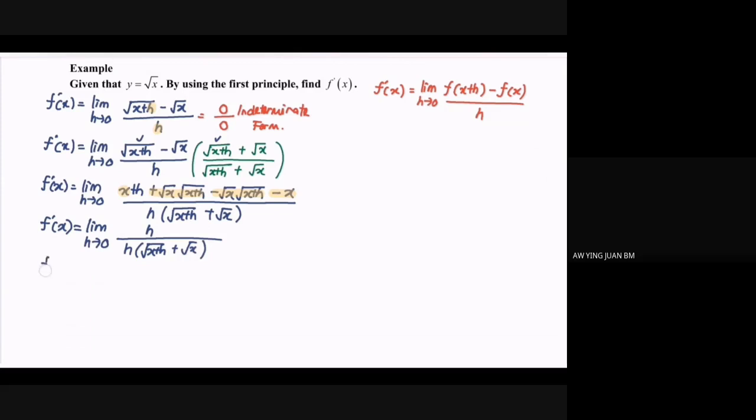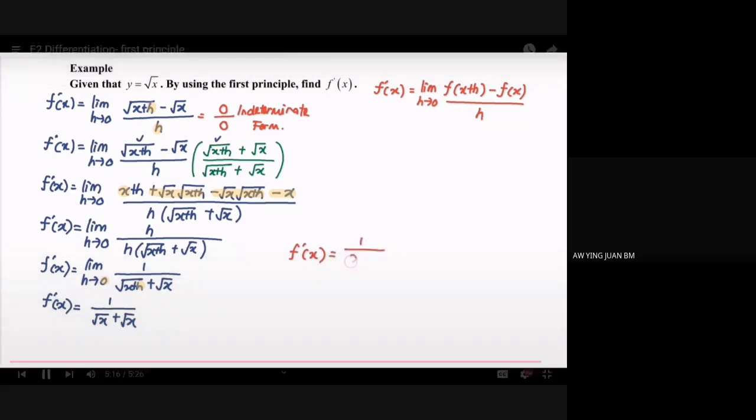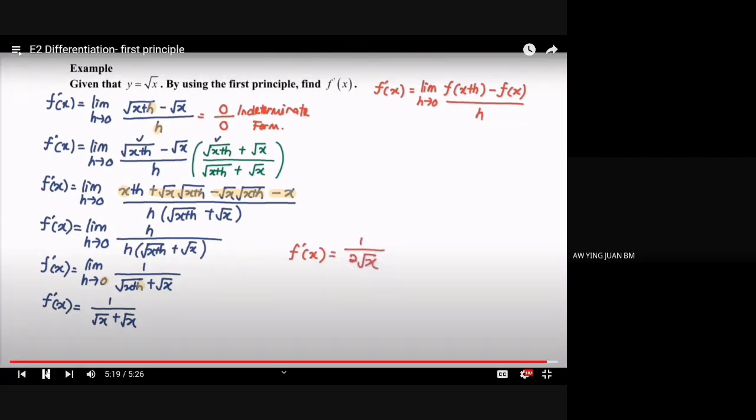After we simplify, we will have limits when h approaching 0, 1 over square root of x plus h plus square root of x. After we substitute 0 into h, we obtain f prime x equals to 1 over square root of x plus square root of x. So finally, f prime x will be equals to 1 over 2 square root of x.